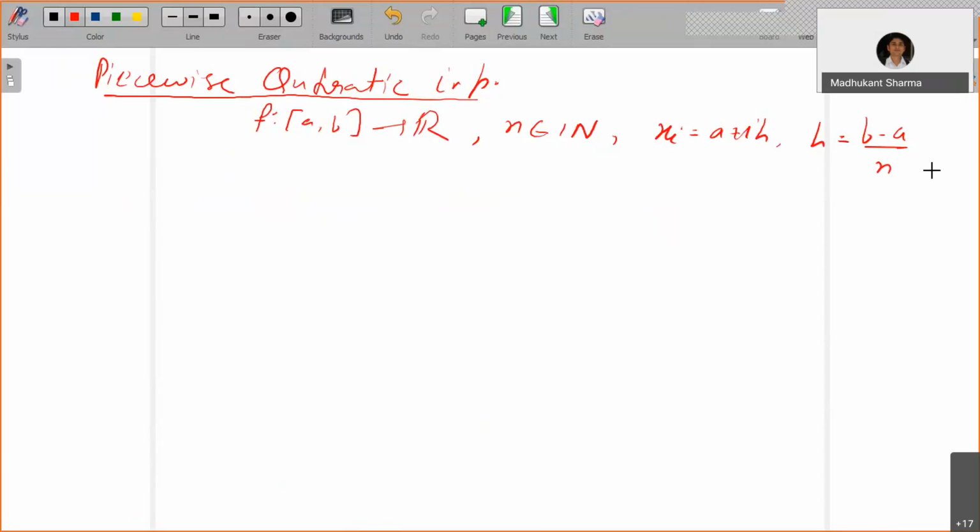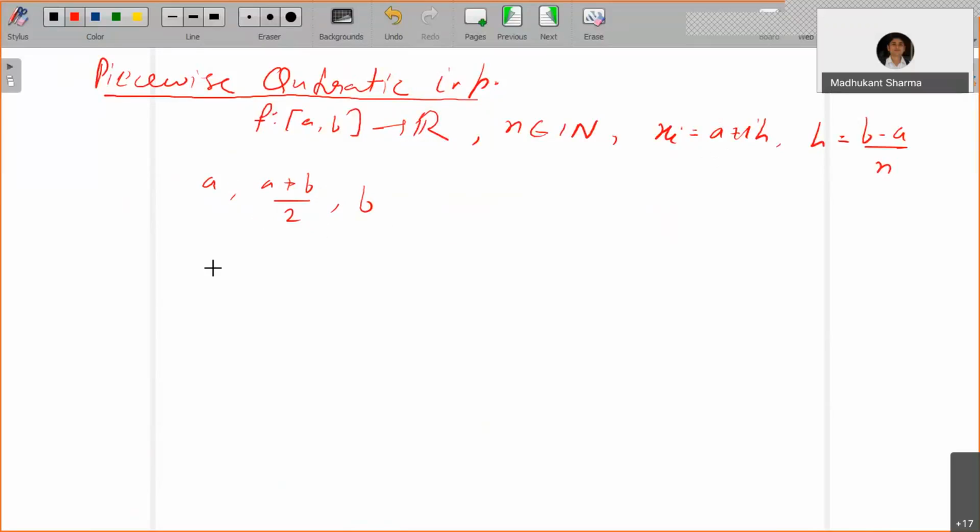If you choose x0, x1, then what is favorable is the midpoint of the interval. So you have 3 points now: a, (a plus b) by 2, and b. Then we will generalize further. So you choose the midpoint of the interval x0 to xn.